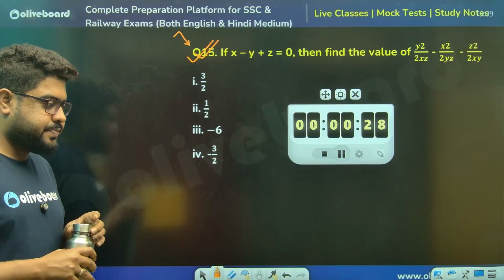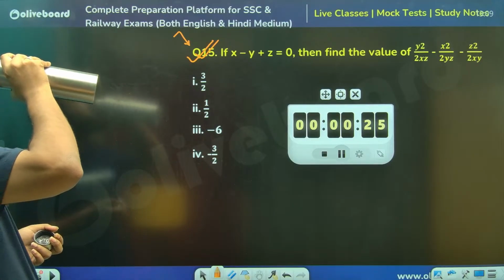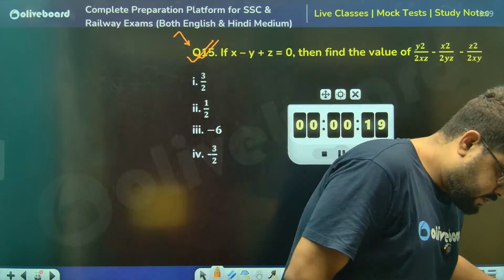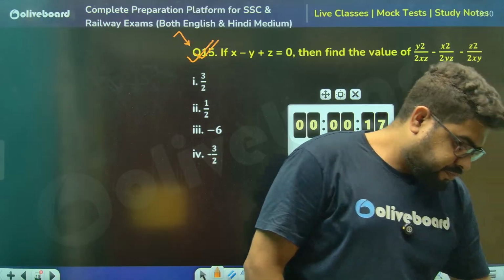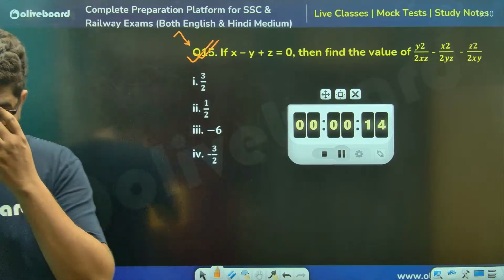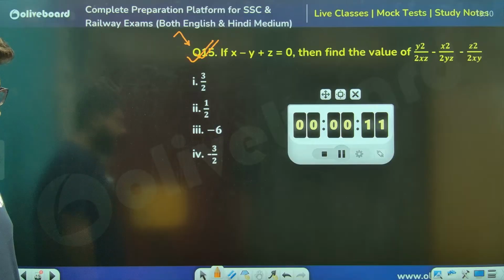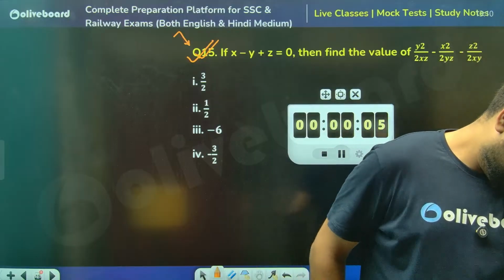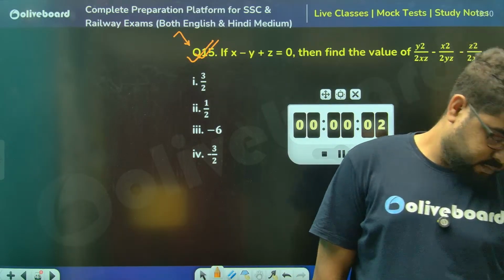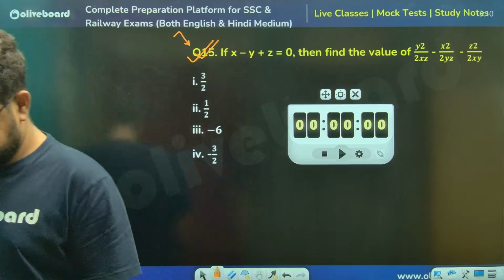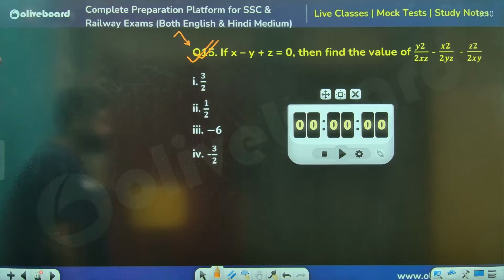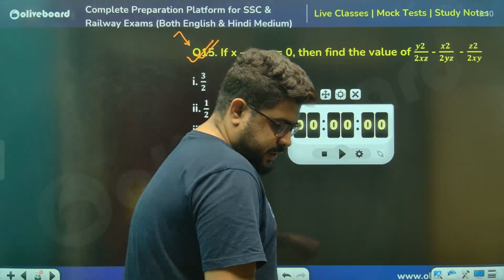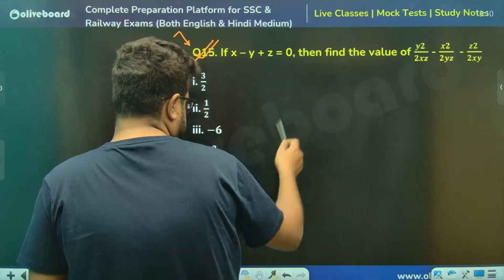Simple value putting question. Ravi is saying 6. Chalo. Perfect.